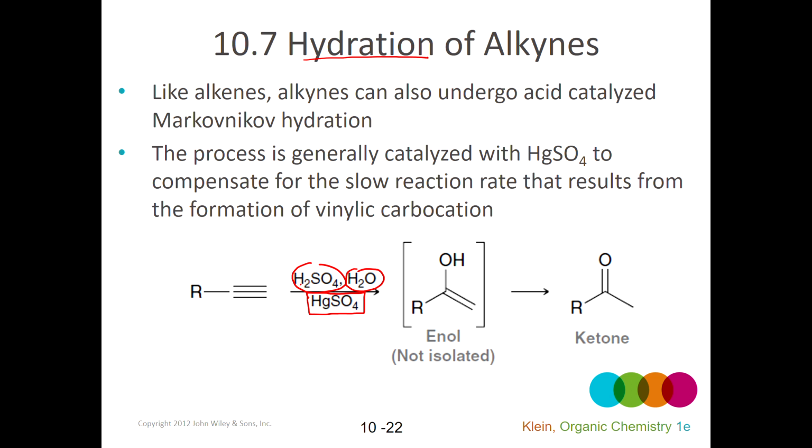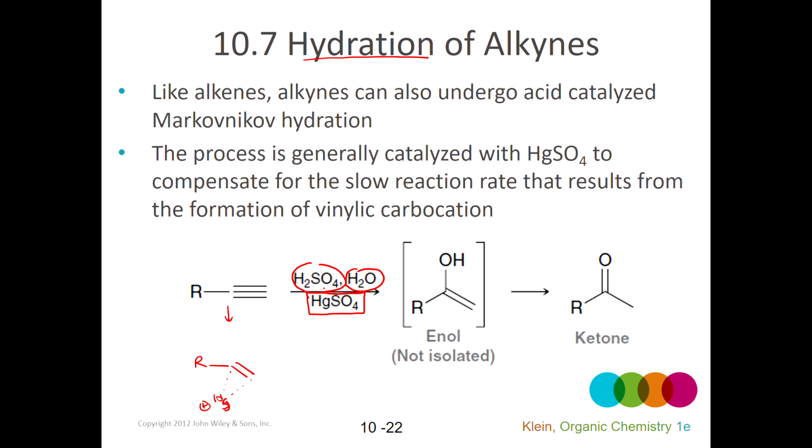So what happens here is the mercury will attract one of these pi bonds. And we've seen something like that before through the ring with mercury. That will help water attack.